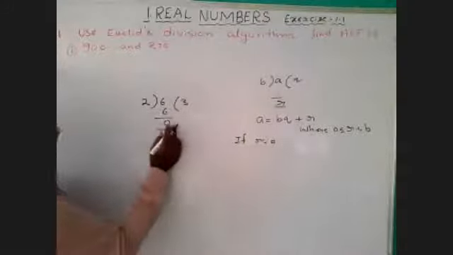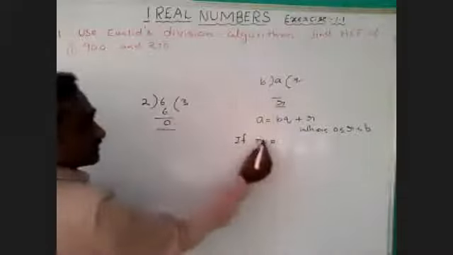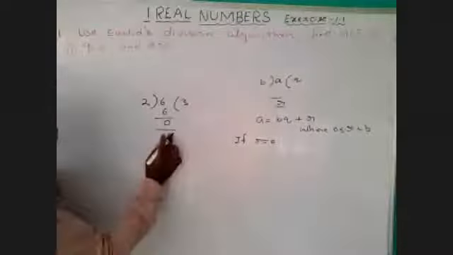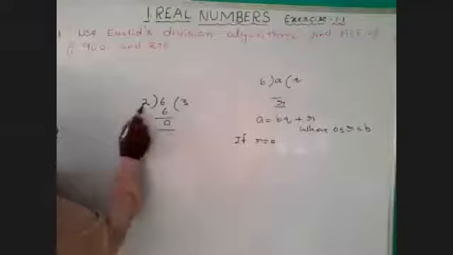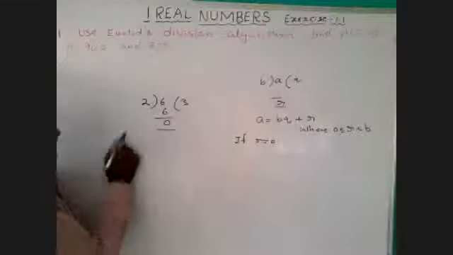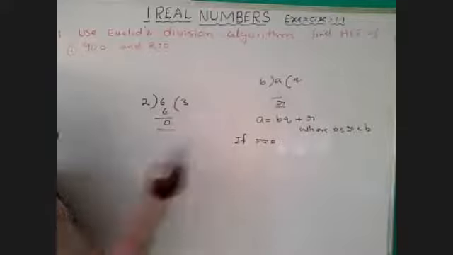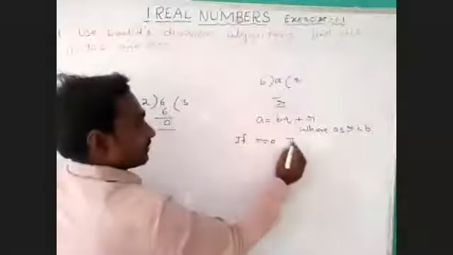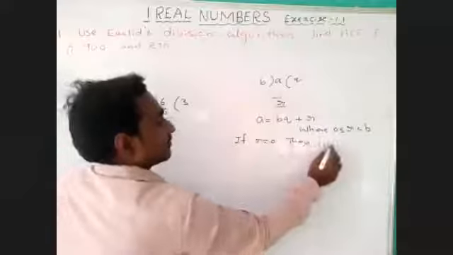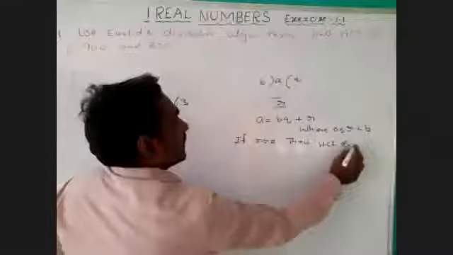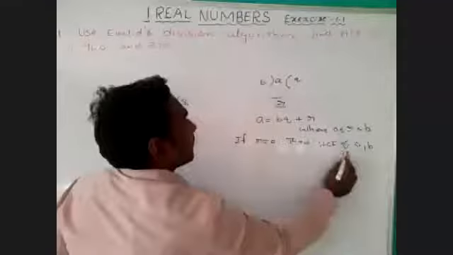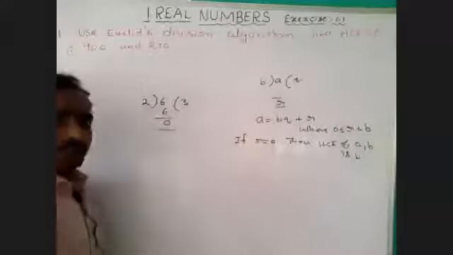The remainder becomes 0, so 2 is a factor of 6 and 6 is exactly divisible by 2. Here if R is equal to 0, then HCF of A and B is B.